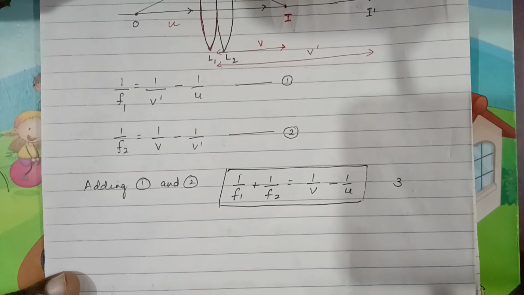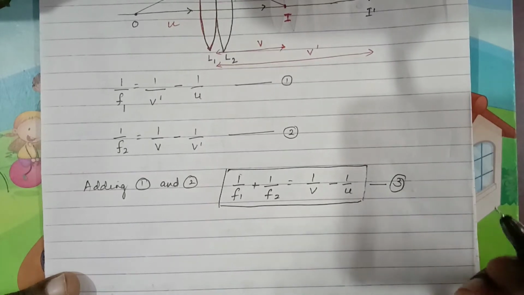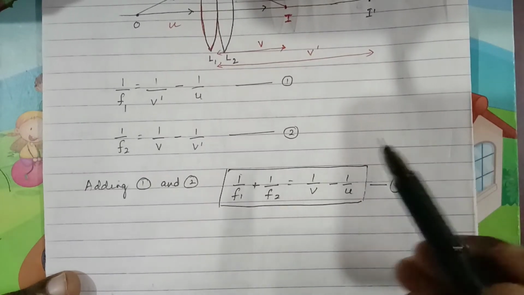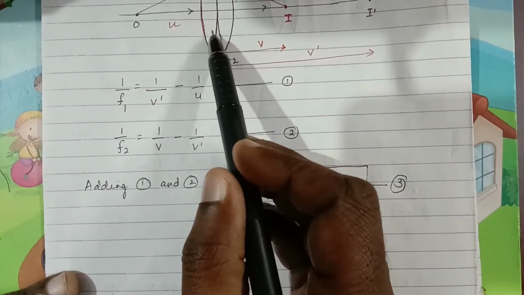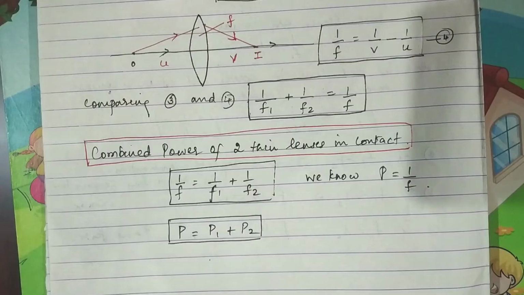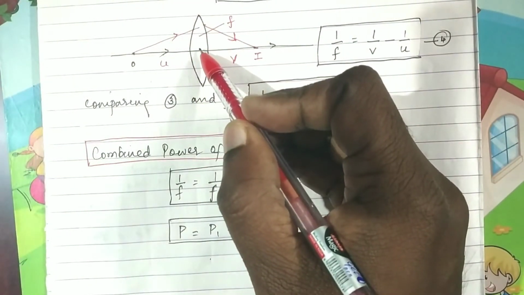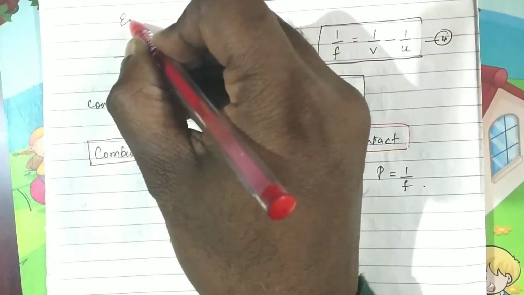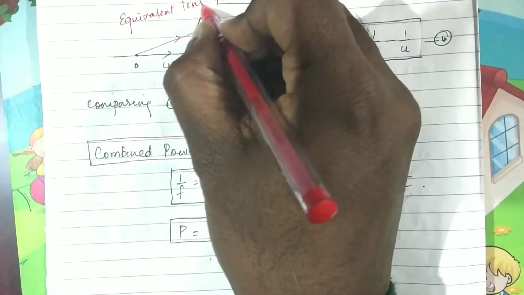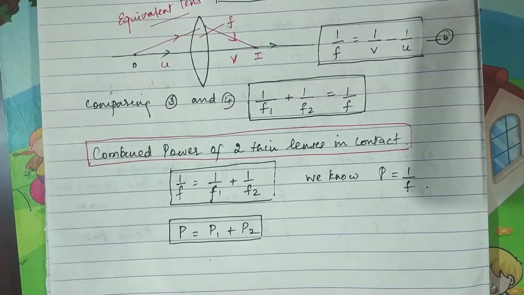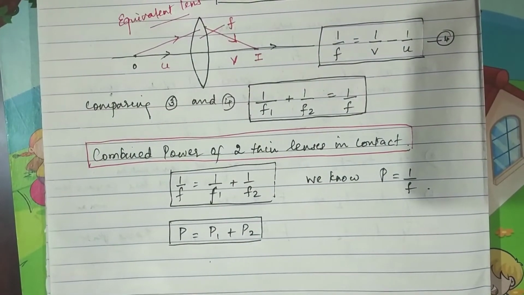Suppose I replace the combined effect of these two lenses by a single lens. I can call this lens an equivalent lens. What is an equivalent lens?